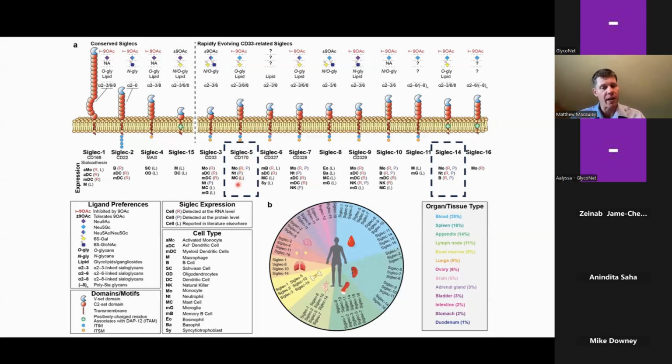And indeed, if you buy an anti-Siglec-5 antibody, you can see Siglec-5 on B cells. However, anti-Siglec-5 recognizes both Siglec-5 and 14. And so in this manuscript, we clarify that point to show that it's actually Siglec-14 that's expressed on B cells, and you can deconvolute that at the mRNA level. So there's a bunch of clarifying points that I think this atlas is going to be very useful for in the field.